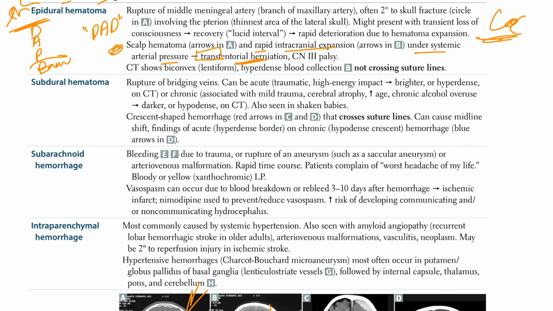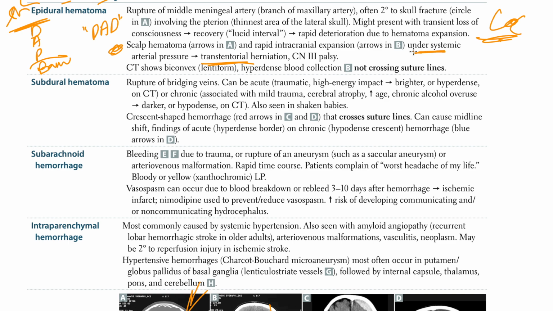It will lead to transtentorial herniation, and that's going to give cranial nerve 3 palsy, CN3 palsy. For example, transtentorial uncal herniation, and that's going to cause CN3 palsy. First of all, because of this transtentorial herniation, you get CN3 palsy. But why did you get this transtentorial herniation?